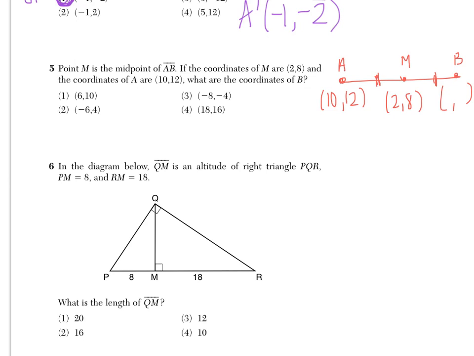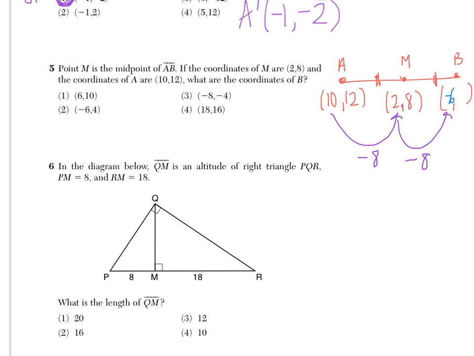So what we have to think about is how do we get from A to M, and how would we then go from M to B? Well, whatever we do to get from A to M, we should do the same thing to get from M to B. So we're going to look at the x coordinates first. 10 to 2 means that we're subtracting 8. So I should do the same exact thing over here. 2 take away 8 is -6.